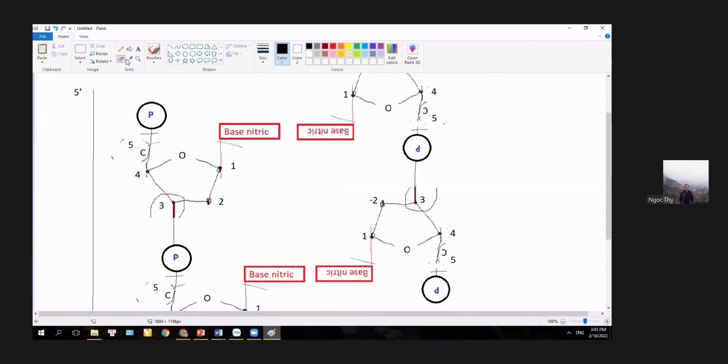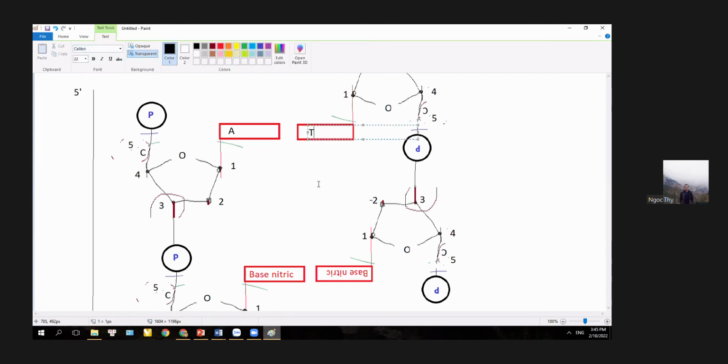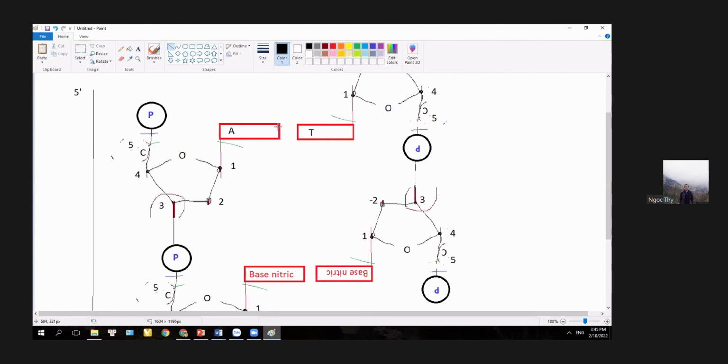Okay, so let's suppose this is the pair A, adenine. Because what links with A is T, this must be a T. Two hydrogen bonds. A is linked with T by two hydrogen bonds.